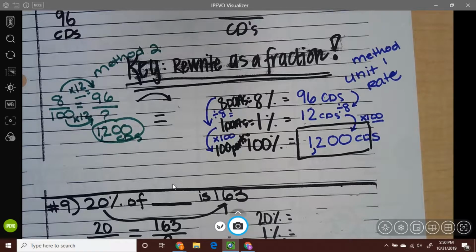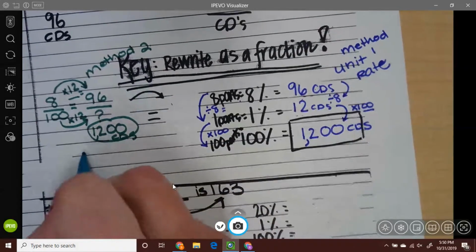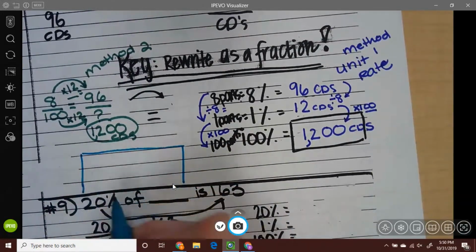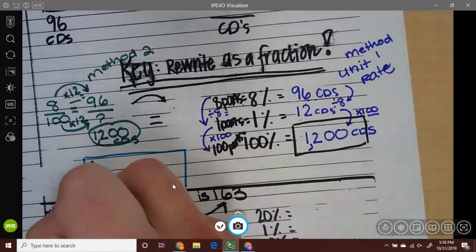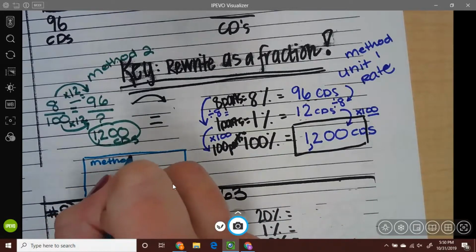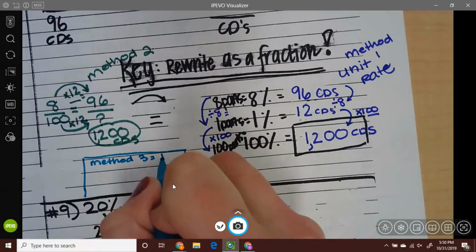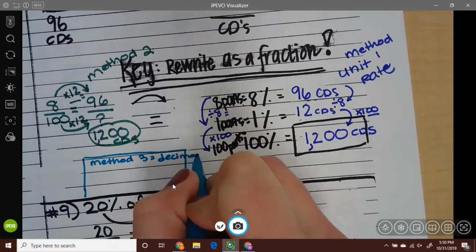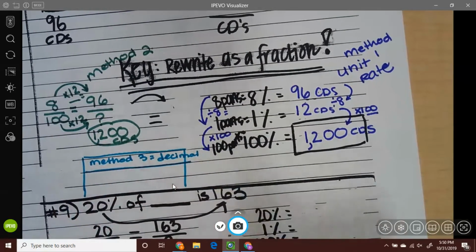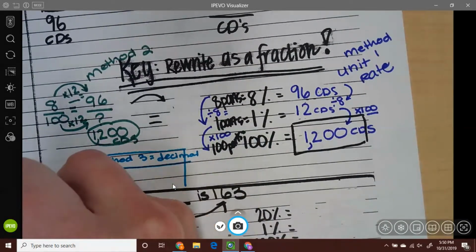Okay, and then you might be thinking that, well, I can't really do the decimal method on this one, but you actually can. So method number 3 was the decimal method. Okay, and we have, remember, 8% equals 96, and we want to find 100%.